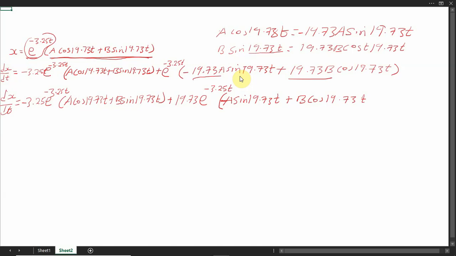Right, we have this equation, and this equation becomes the velocity of the system. Good.